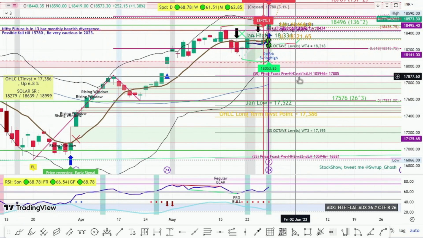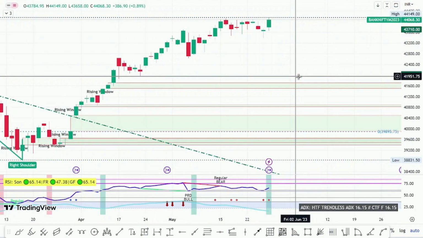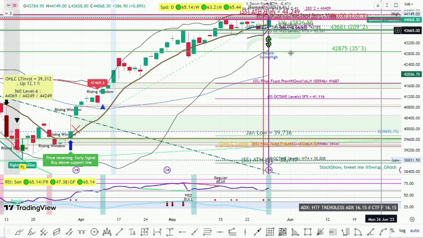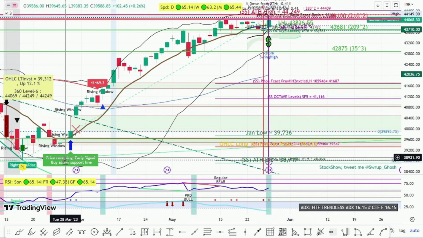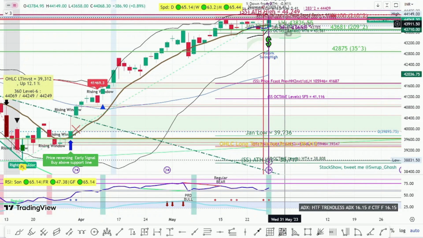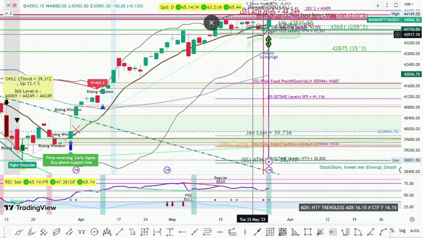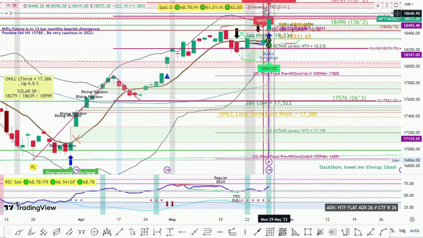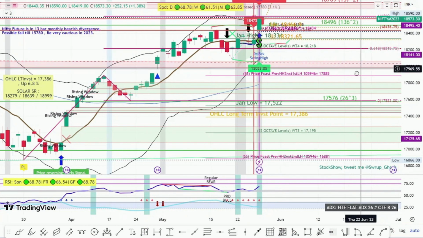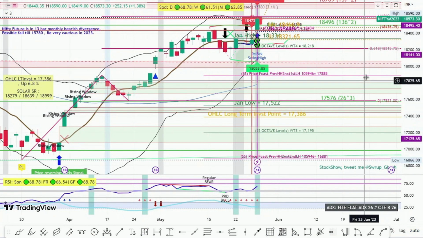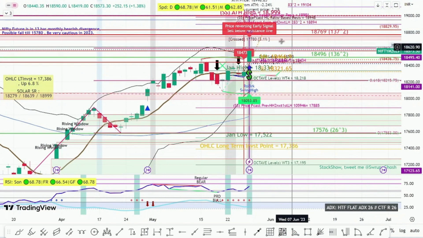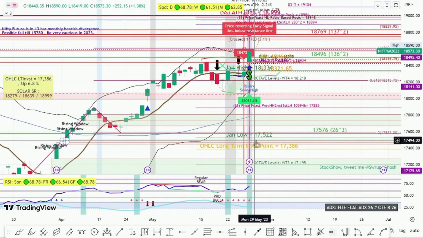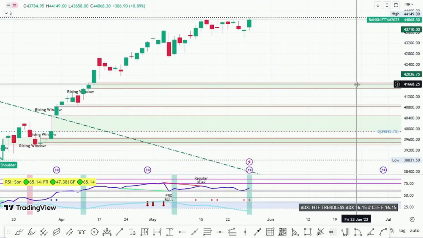If I show you Bank Nifty, you'll see that Bank Nifty has also given a pattern here, and then a good rally. But in Bank Nifty we do not have a sell reversal sign like Nifty has generated here. If you see this line, Nifty has generated a sell signal here, but in Bank Nifty this is not happening.